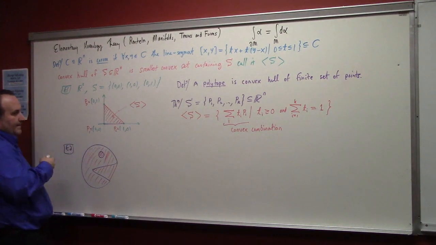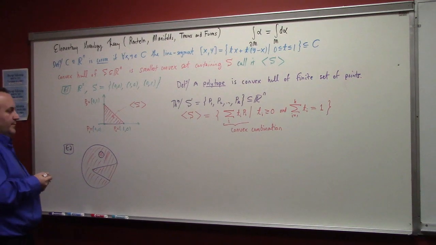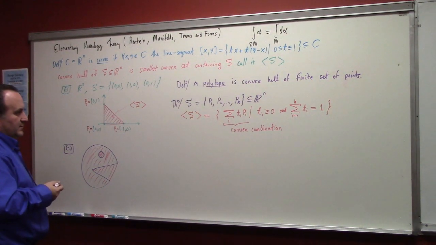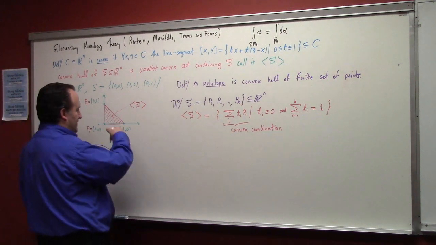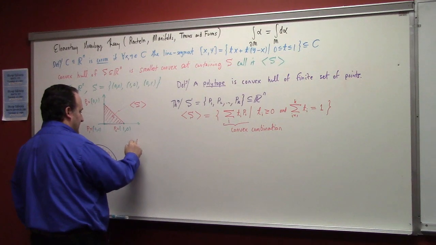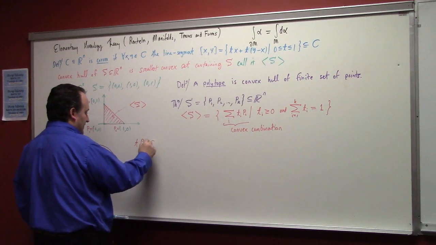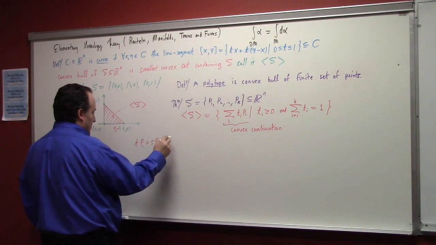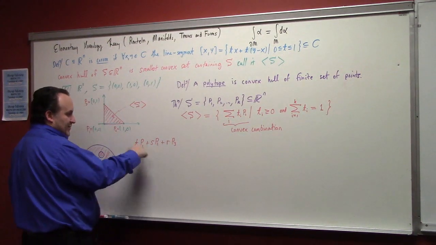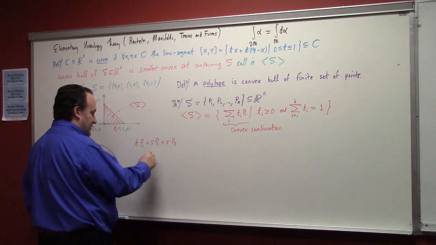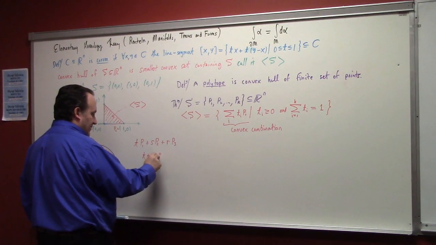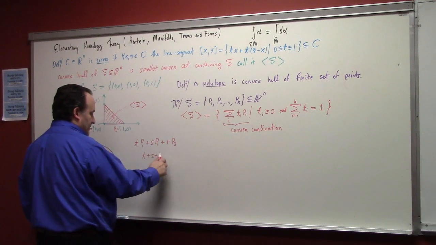In this situation, it would be something like t times P1 plus s times P2 plus r times P3. That's an arbitrary point, subject to the condition that t plus s plus r is equal to 1.